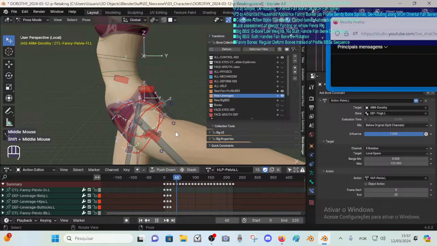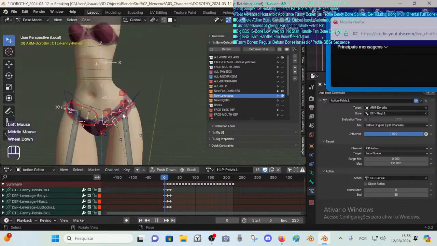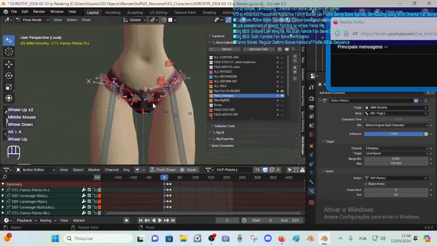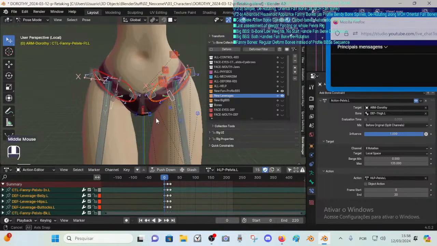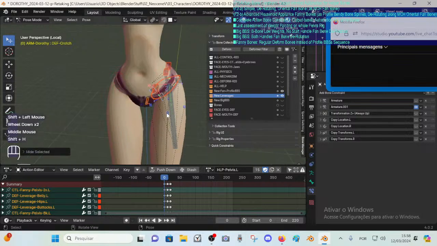It could be much harder, but because I have this rig, you notice these bendy bone splines. Let's get them only, yes, let's hide everything else.